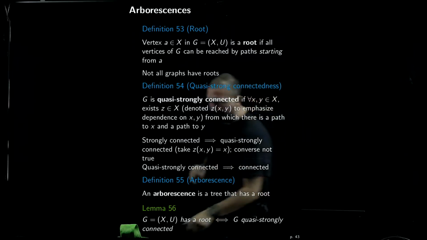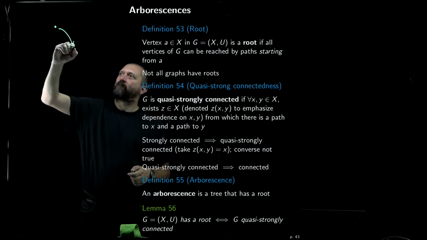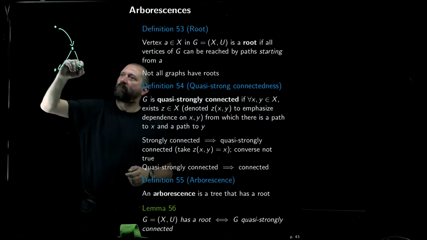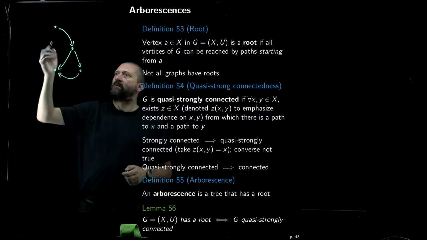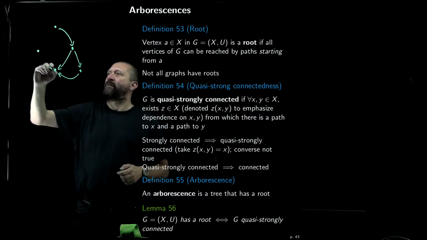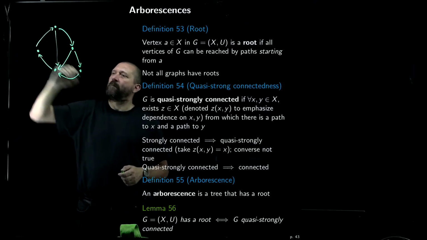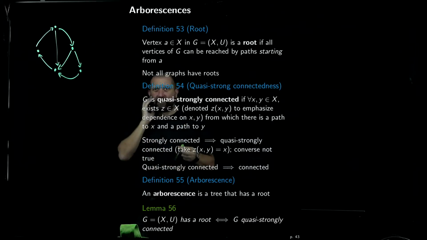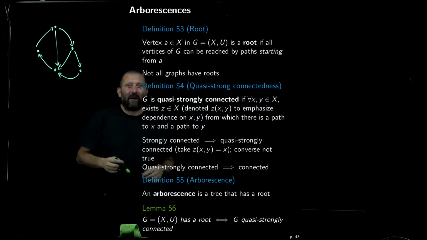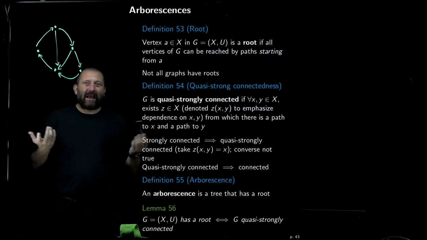Okay, let me make another example. We add some guy here, like this, and like so, for instance. So here I have a strongly connected graph, and actually you will see this soon. Well, what are the roots in this graph? All of them.